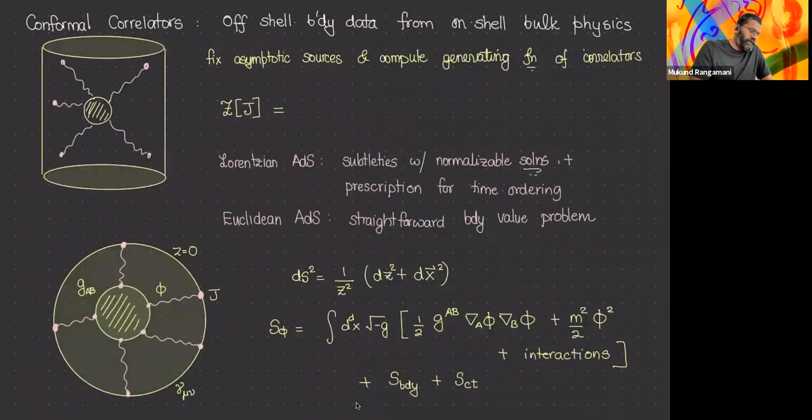So let's try to set up the problem. So let's say for a moment we have this dictionary. We've identified the relation between fields in AdS and operators on the boundary. What should we compute? Well, in the boundary, it's a conformal field theory. So there's a natural set of quantities to compute, which is just some off-shell data of correlation functions.